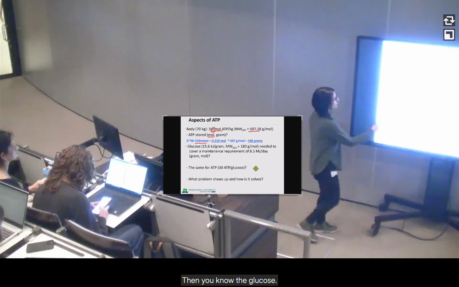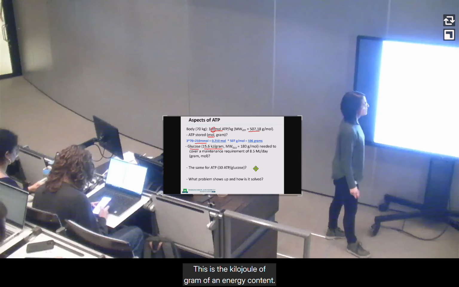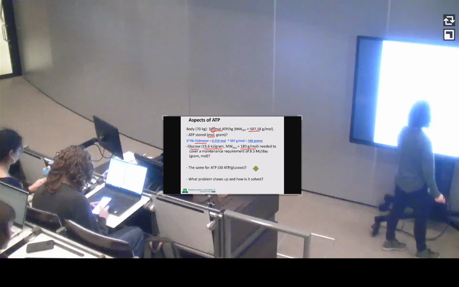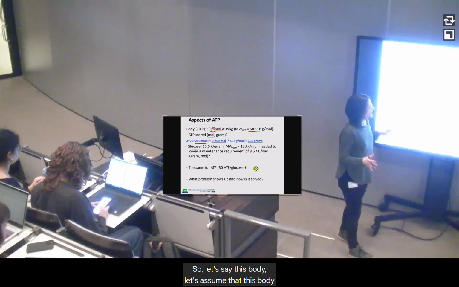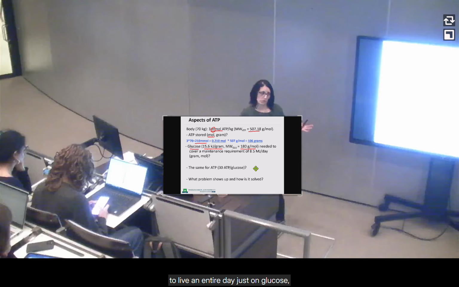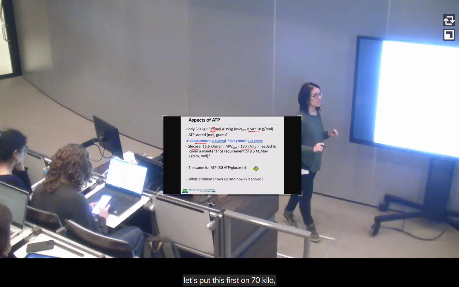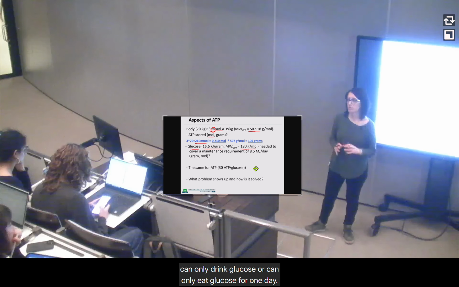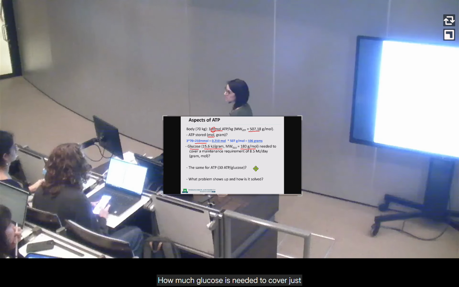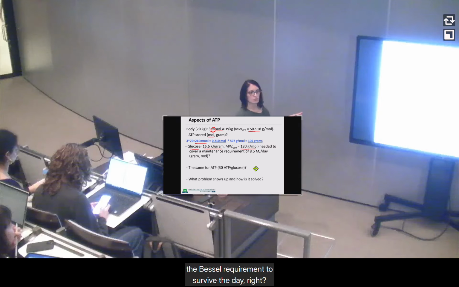Then you know that glucose has this kilojoule per gram of energy content. The molecular weight is 180 gram per mole. So let's assume that this body lives an entire day just on glucose. Let's put that this person, 70 kilo, can only drink or eat glucose for 1 day. How much glucose is needed to cover just the basal requirement to survive the day?